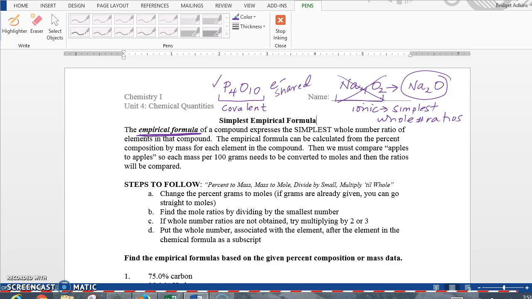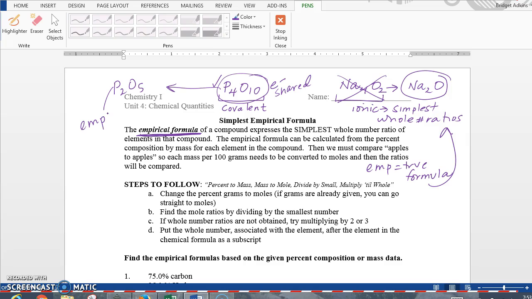The definition of empirical formula says that it expresses the simplest whole number ratio of elements in that compound. For an ionic compound, its empirical formula is always going to be its true formula. But if P4O10 was the real formula for our compound, mathematically that could simplify to P2O5, and you can't get any simpler than this.